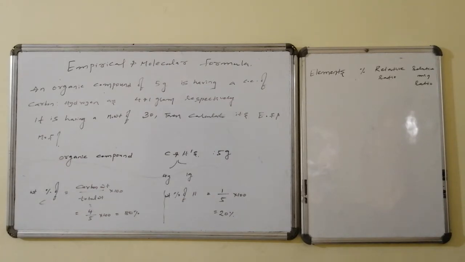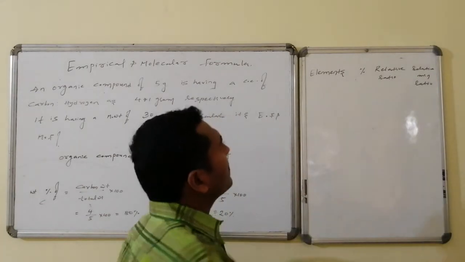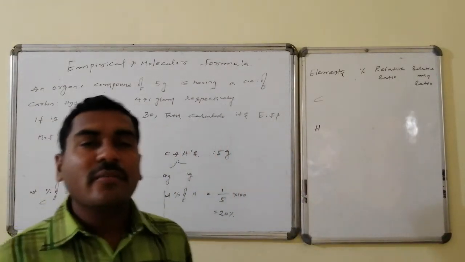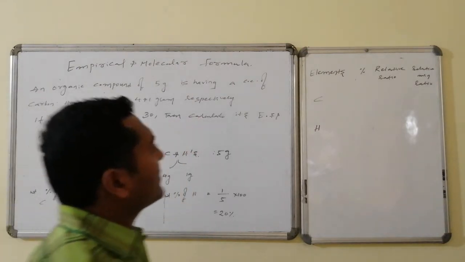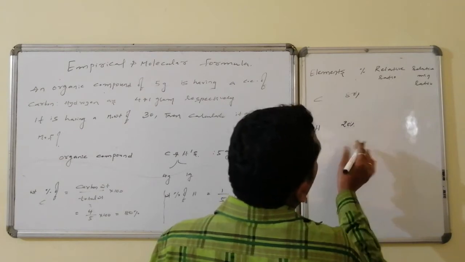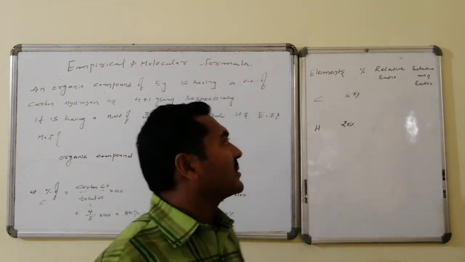We write the details that we have in the form of a table. Then we will go for the empirical formula. We have the elements carbon as well as hydrogen, whereas the weight percentages we already calculated. One is found to be 80% and the other is found to be 20%. Altogether it is equal to 100, which implies only these two elements are present.